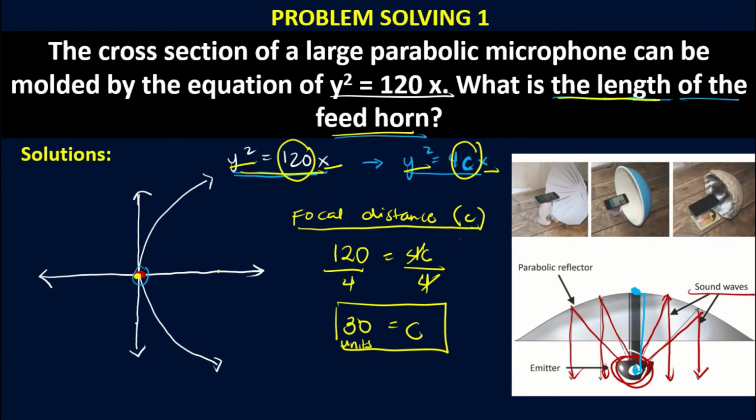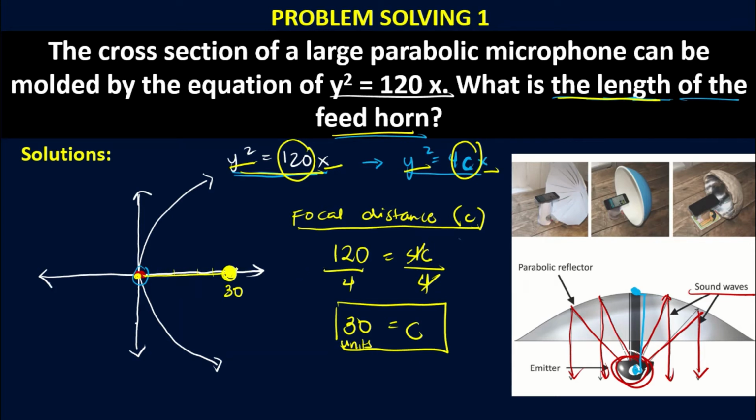So, from this, magbibilang lang tayo ng 30 units. For example, this is 30 units. Okay, so dito natin ilalagay yung ating feed horn. So, the length of the feed horn from the vertex of the parabola is 30 units. Hindi pala pwedeng ilagay mo lang yung microphone or yung feed horn natin kung saan mo lang gusto ilagay.